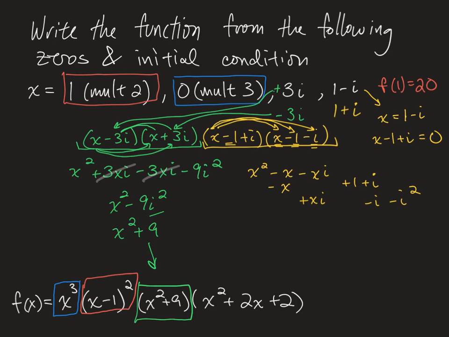Cool. So lots of things reduce away here. We've got these plus or minus xi's that reduce away. We've got these plus or minus i's that reduce away. And you can see that we're left with x squared minus 2x plus 1 minus i squared. But again, i squared is equal to negative 1.